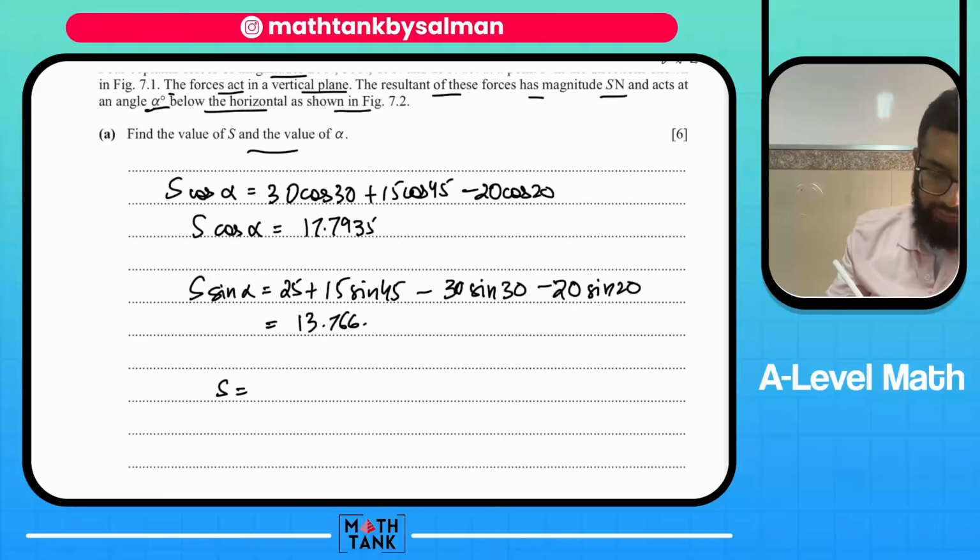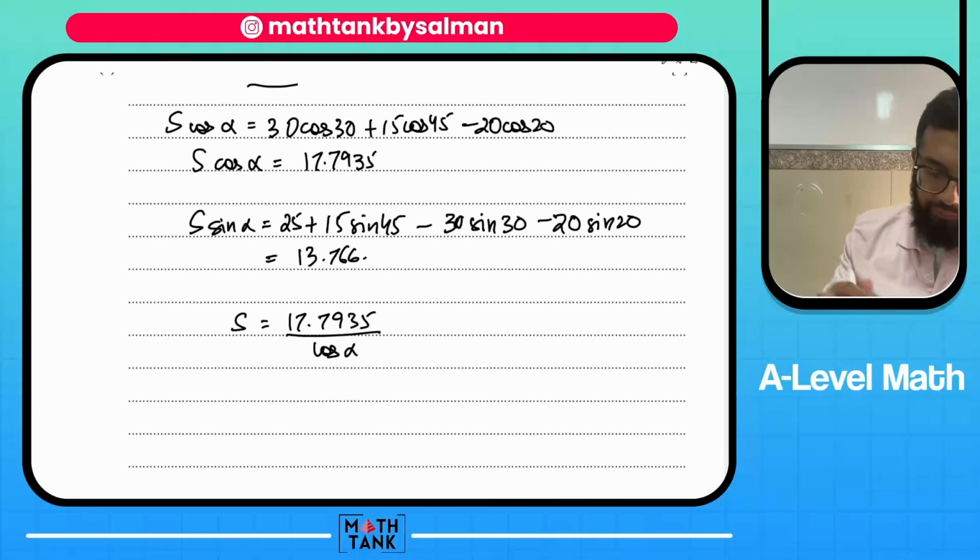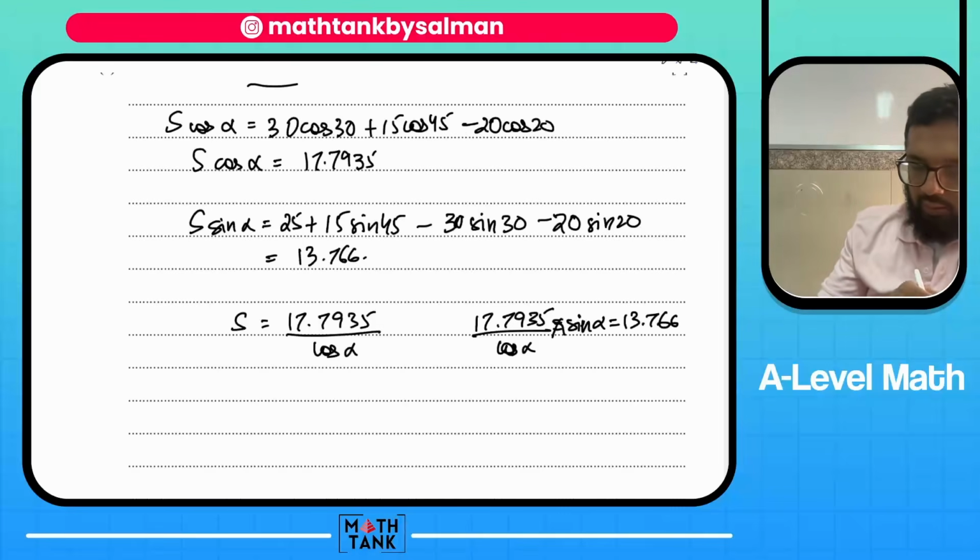Okay, I can find S and alpha very quickly by taking a substitution. From the first one, S is basically 17.7935 over cos alpha. So 17.7935 over cos alpha into sine alpha equals 13.766. So tan alpha is all of that. I get 0.77365.